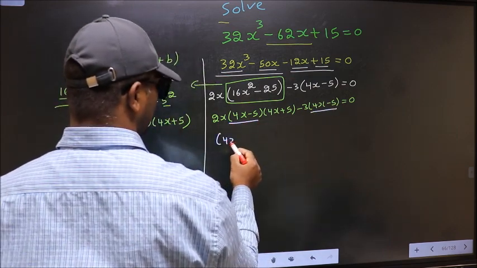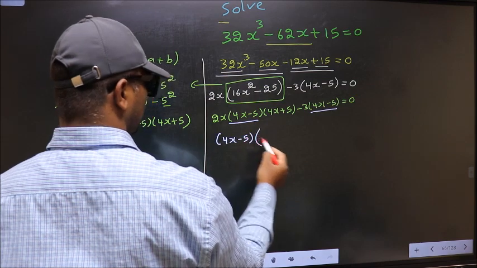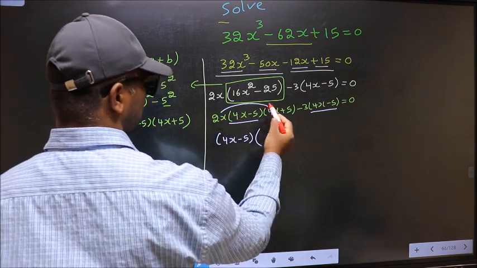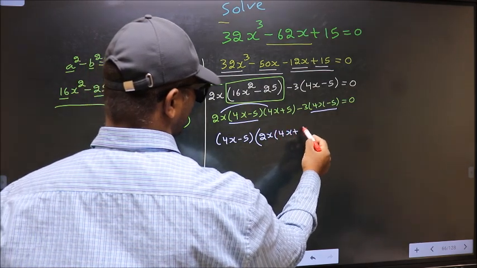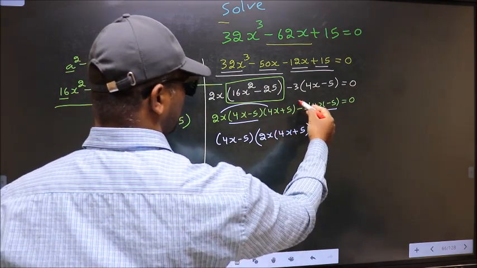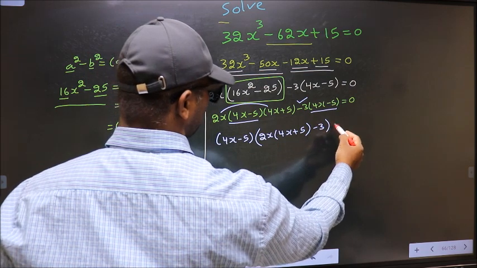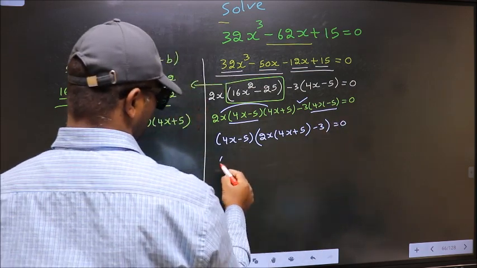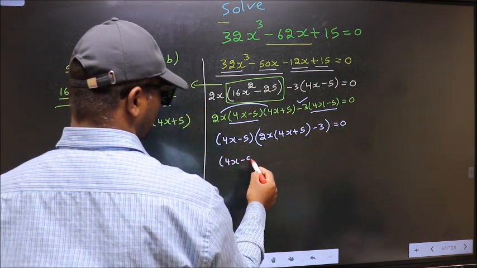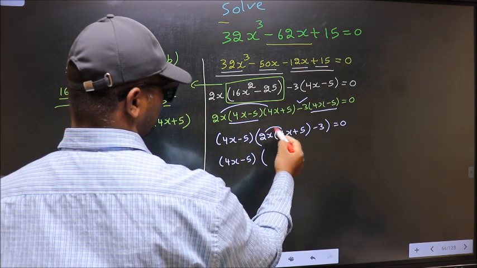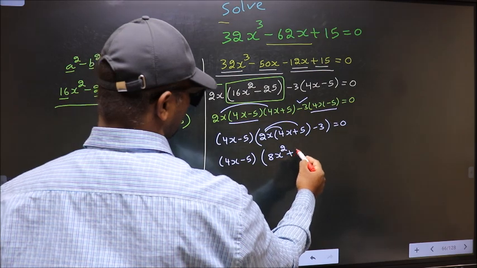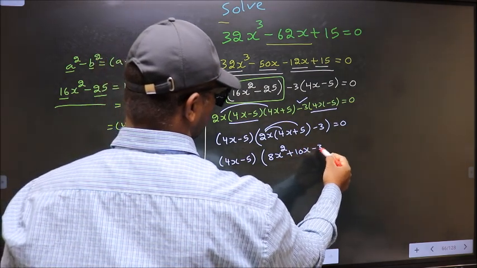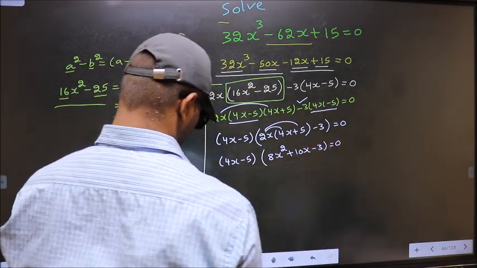So 4x minus 5 outside. Over here we are left with these two, that is 2x times 4x plus 5, and here we are left with minus 3 equal to 0. Now 4x minus 5. Now you open up the brackets. You get 8x square plus 10x minus 3 equal to 0.